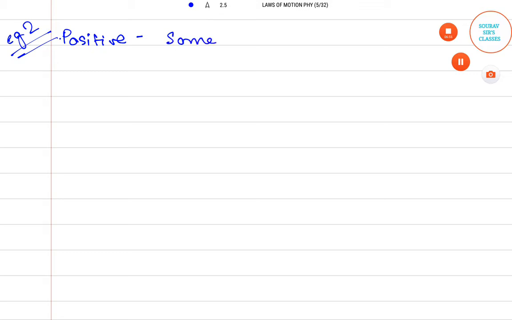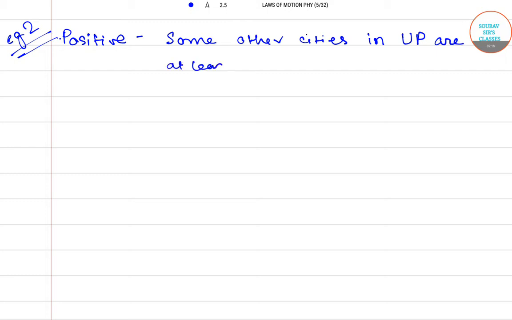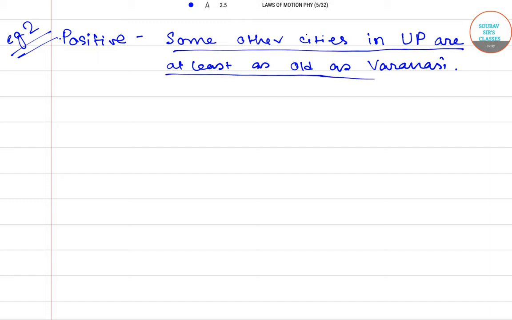Some other cities in Uttar Pradesh, in UP, are at least as old as Varanasi.